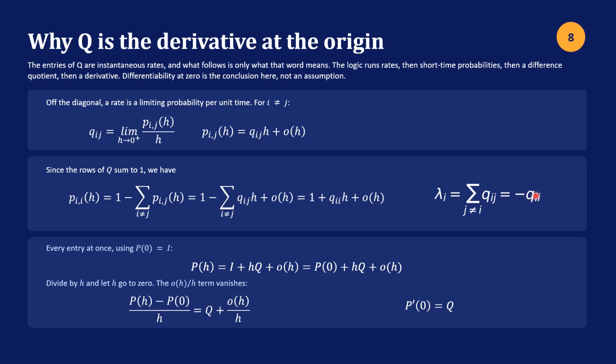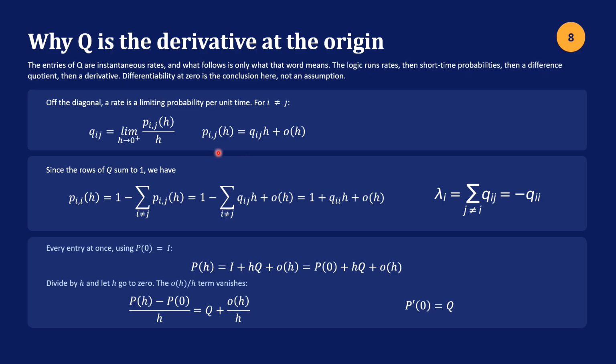And then at the beginning of the lesson, we noted that the sum of the Q_ij's, j not equal to i, equals minus the diagonal entry. So we have a minus and a minus. We plug that in here, and we get 1 plus Q_ii h plus small o of h.